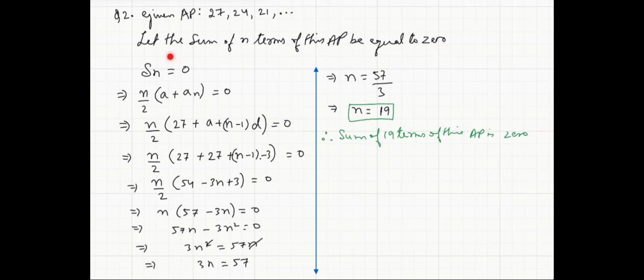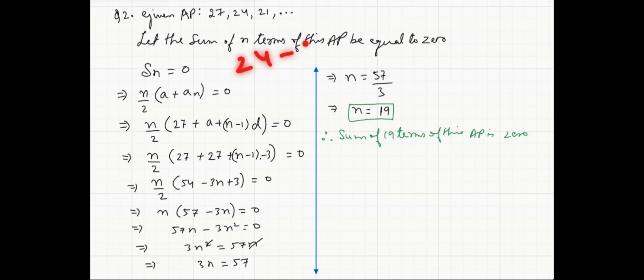So we are assuming the sum of n terms of this AP is equal to 0, then Sn should be equal to 0. Sn is equal to n by 2 times the sum of the first term and the nth term, and the nth term can be replaced by a plus n minus 1 d, where the first term is 27. N by 2 times 27 plus 27 plus n minus 1 times d.